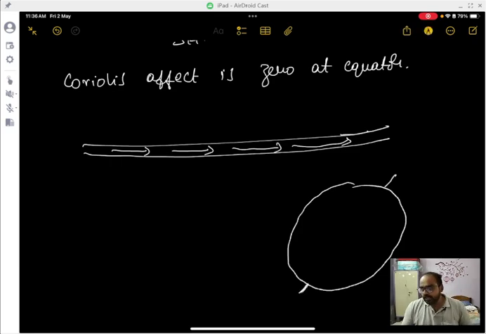Earth is tilted in such a way that, let's imagine a balloon or a ball, and fix two pins at both the poles of the ball, that is at northern and southern. You fix them and you rotate.